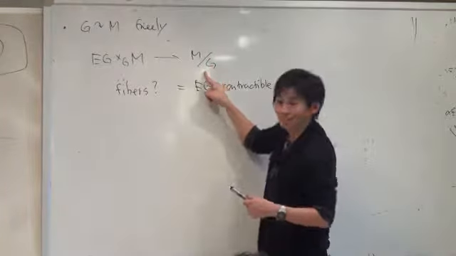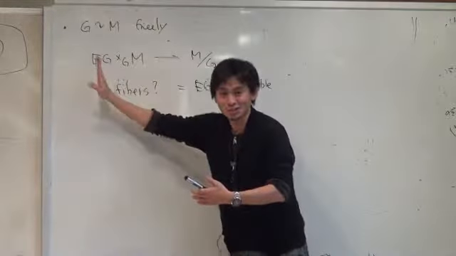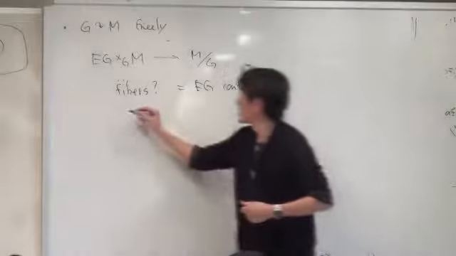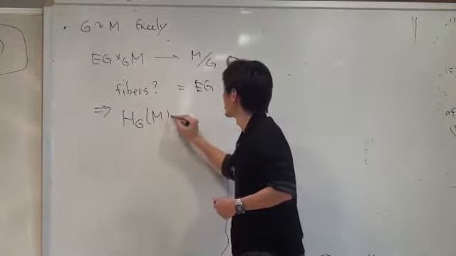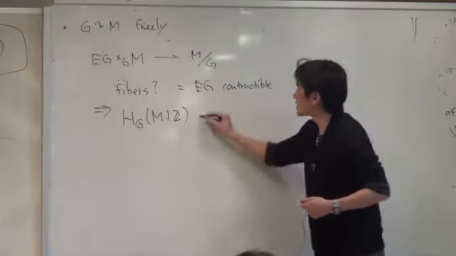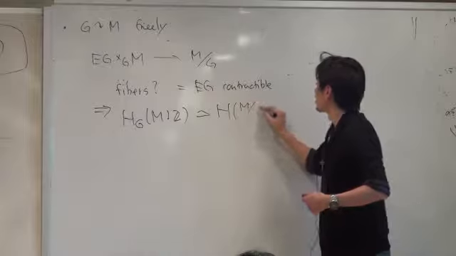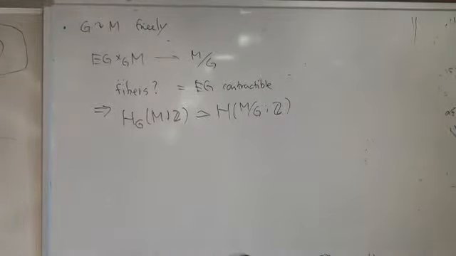So the cohomology of this and the cohomology of this have to be the same, because you can just deformation retract all the fibers to the base space. So with G coefficient, it's isomorphic to the cohomology of the quotient space.